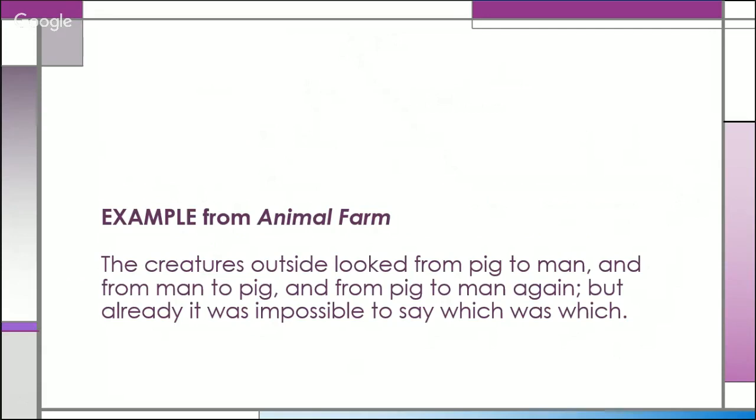And so the end of Animal Farm says, the creatures outside looked from pig to man, and from man to pig, and from pig to man again. But already it was impossible to say which was which. And so in these final lines, it's revealing that the other animals cannot distinguish between the pigs and the original oppressors. They've become one and the same. And it kind of wraps things up in the end as far as what happened.